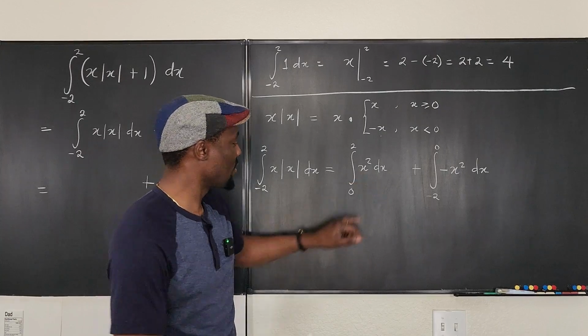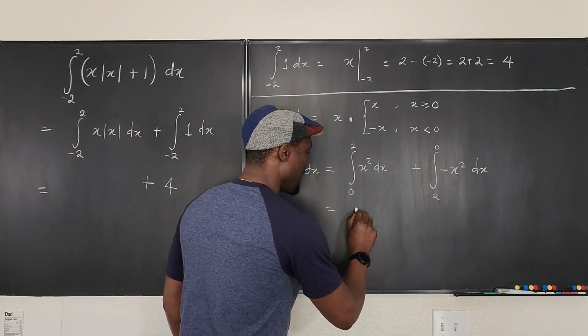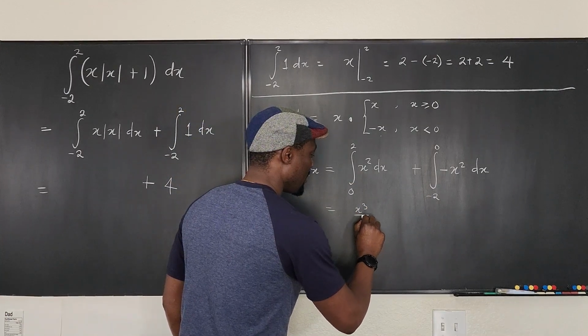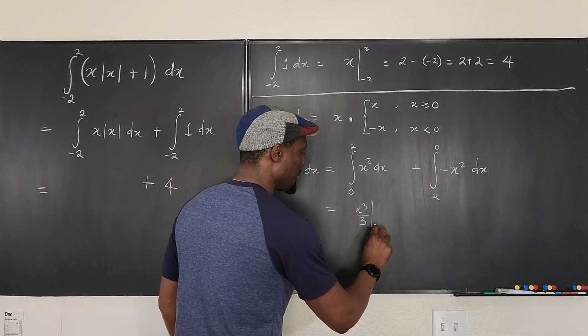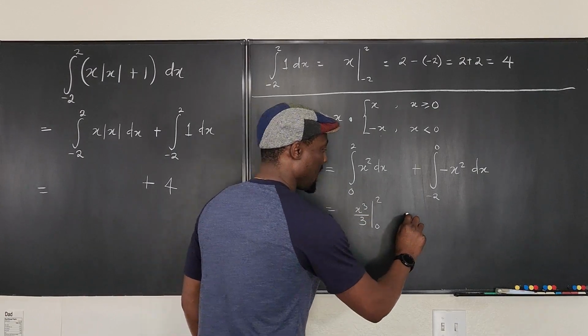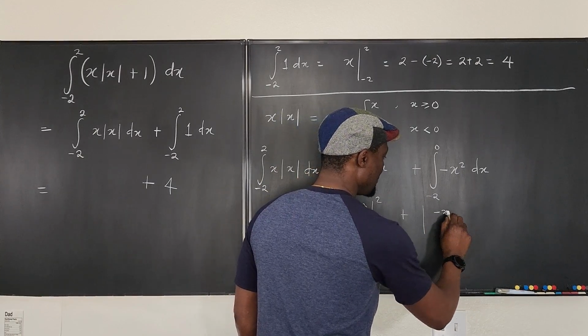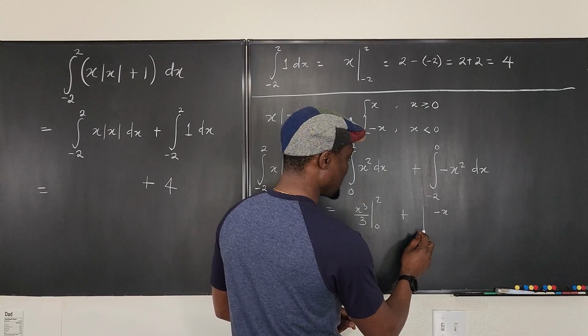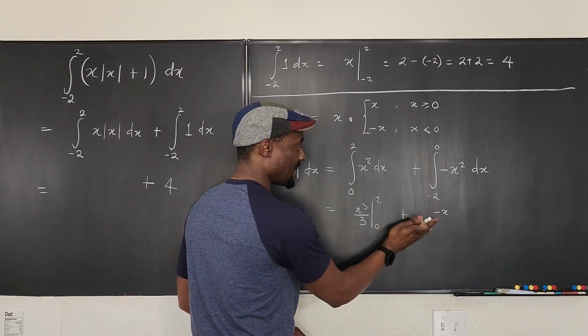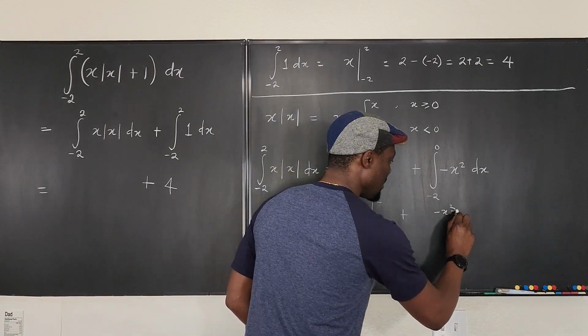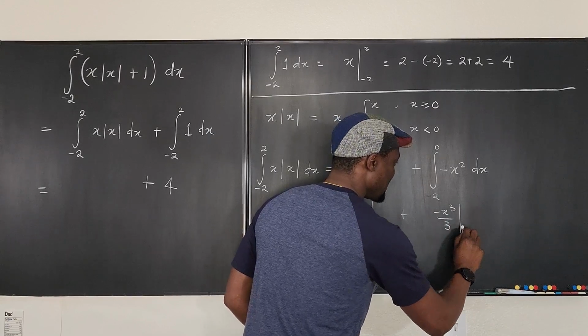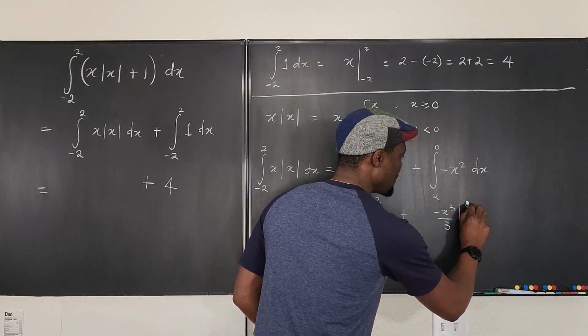If we integrate x squared, what do we have? We have x cubed over 3 evaluated from 0 to 2, plus negative x cubed over 3 evaluated from -2 to 0.